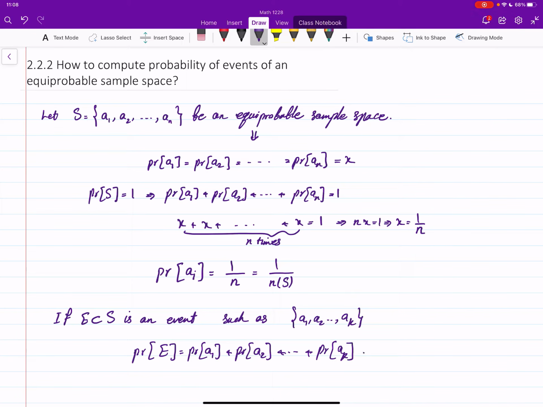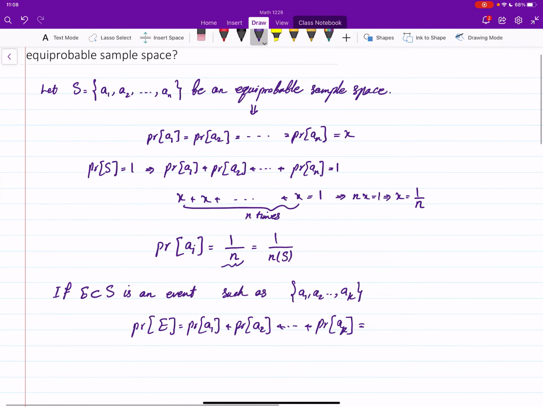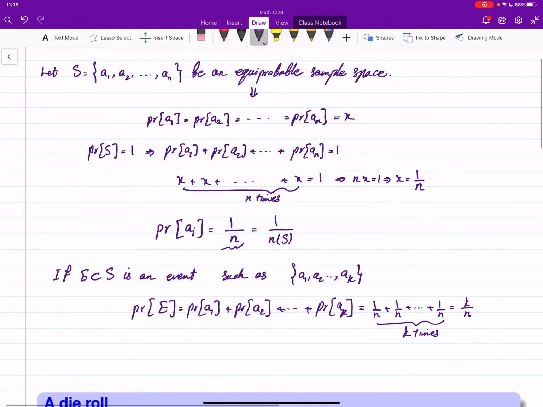But we know that all these guys have probability 1 over n. So I have 1 over n there, 1 over n there, up to 1 over n. How many times? N times. Oh, sorry, k times. There were only k of these guys. So when you add these guys, you will get k over n. That's the second fact that you can easily see here.